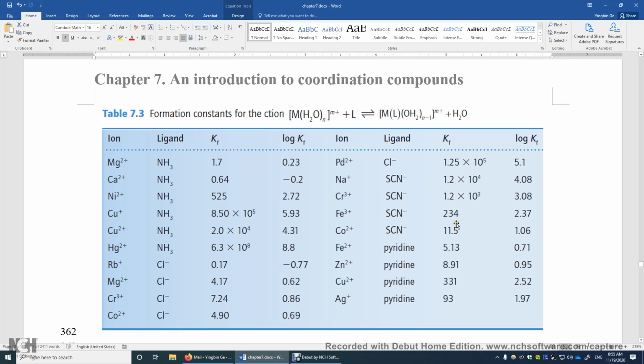Different constants here. And then finally, the ligand is pyridine. The transition metal can be iron, zinc, copper, and silver. And you get different formation constants here. In this column, and this column, they are the logarithm of the formation constant with a base of 10.